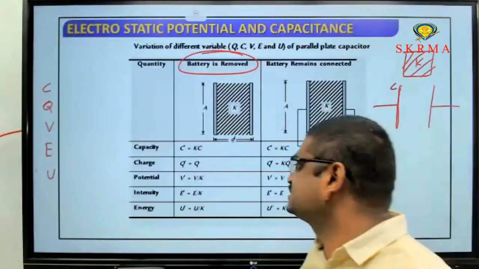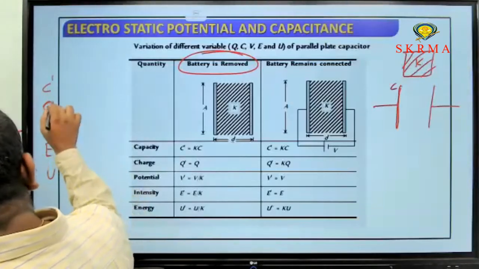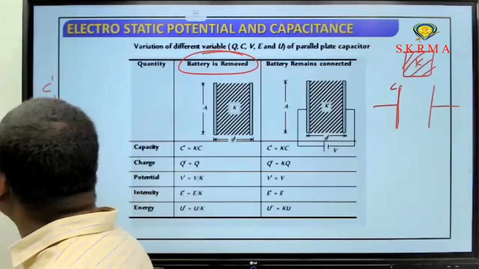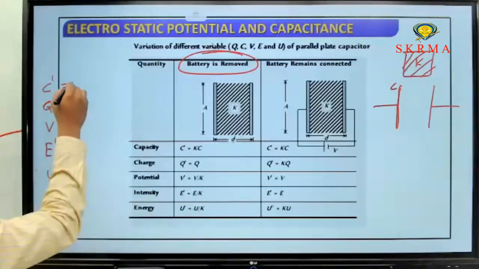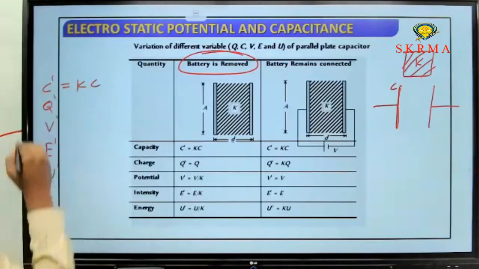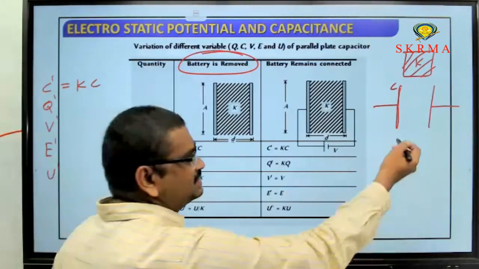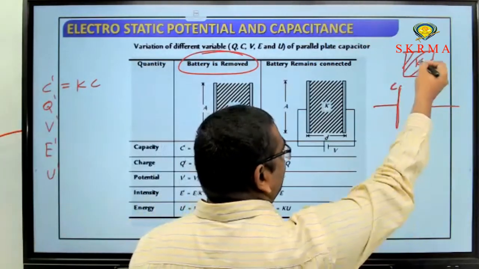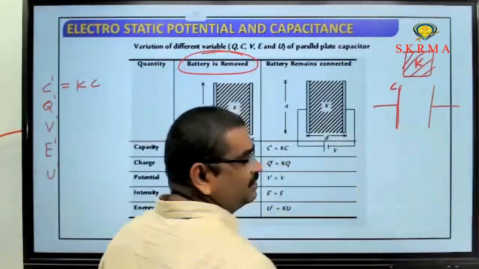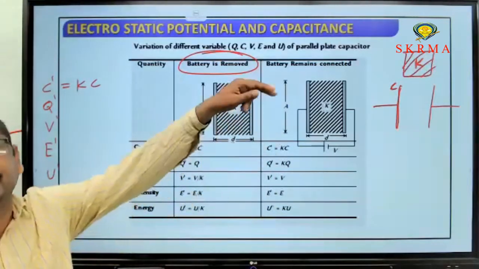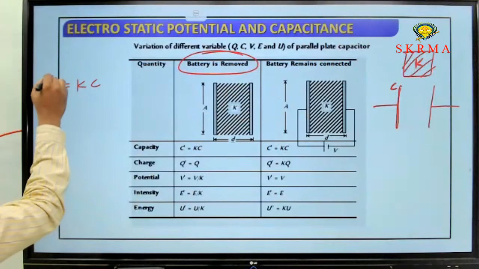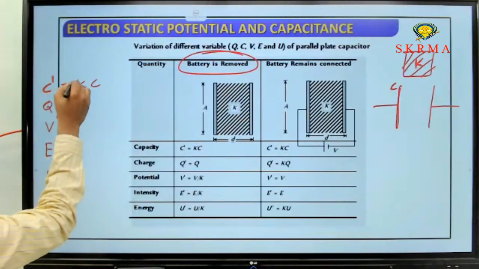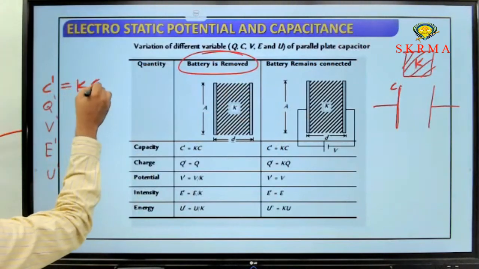Now, what is the new capacitance? C dash. If a dielectric is there, then the new capacitance is K times the original, K into C. Assume that the capacitance of this capacitor is C and K is the dielectric constant. If you introduce that dielectric medium, then the new capacitance, let it be C dash, is K into C. What is the conclusion from this?